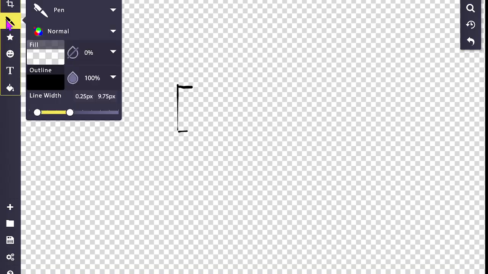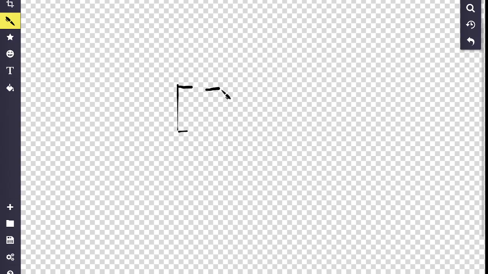I'm sorry, I need to be facing this way. I need to study the movements very carefully. There we go. All right. Square brackets look like that.